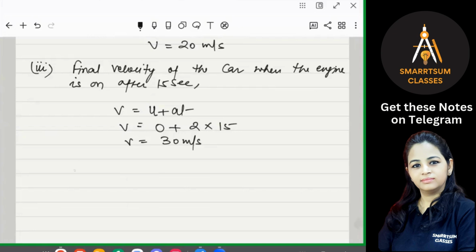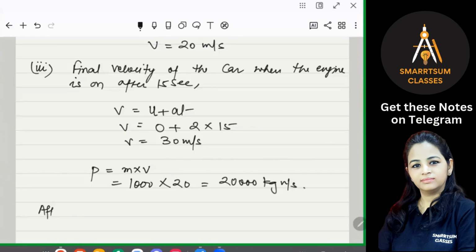Now, what is the momentum? p is equal to m into v, right? Mass is 1000 kg. Momentum we can find by multiplying 1000 by 30, right? Is it clear? Earlier it was 20. So this is 30,000 kg meter per second, right?